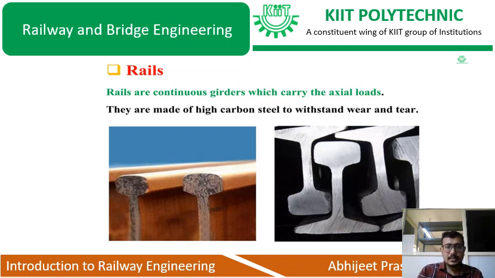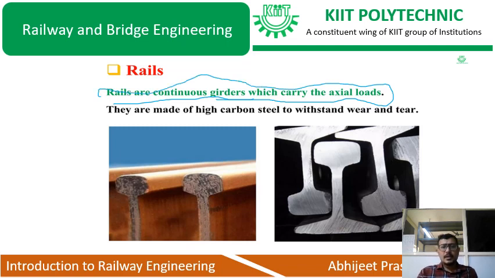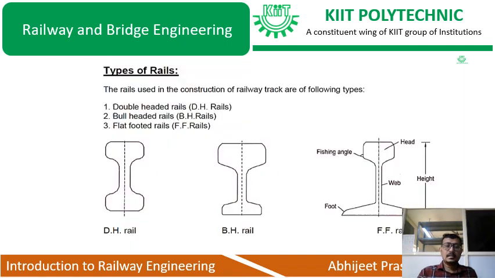Rails are continuous girders which carry the axial loads. They are made of high carbon steel because they require high strength to withstand wear and tear. As we see here, there are different types of rails.